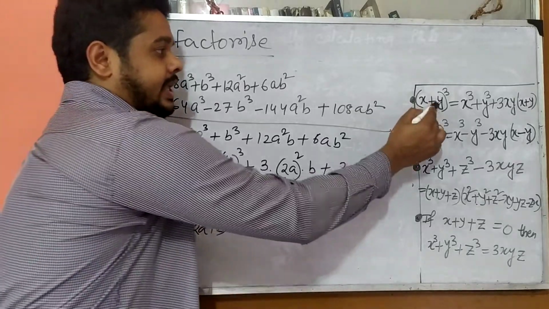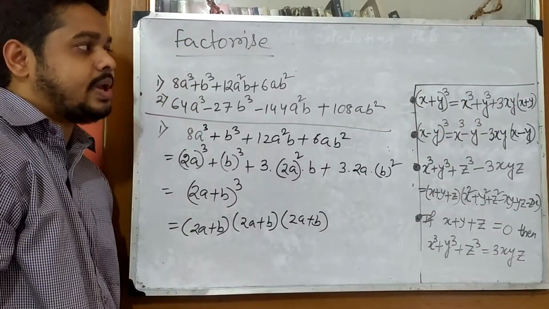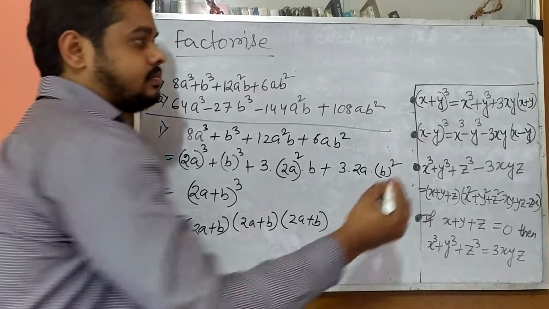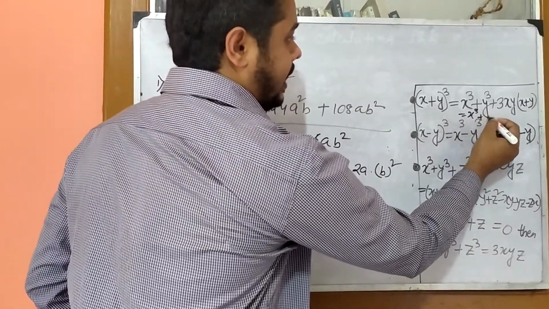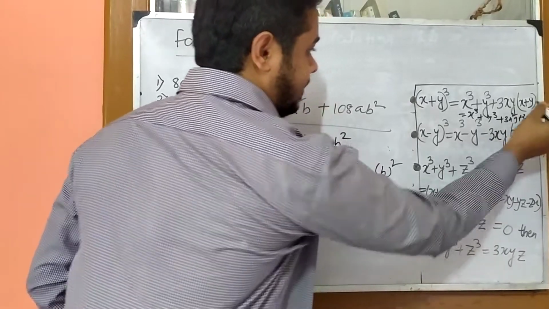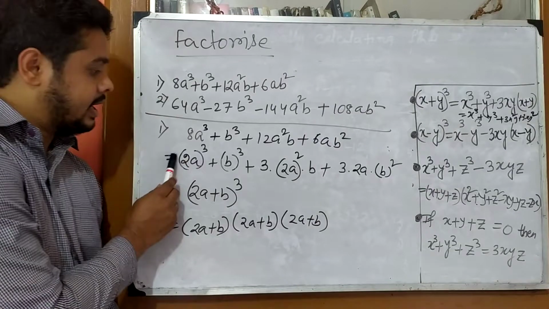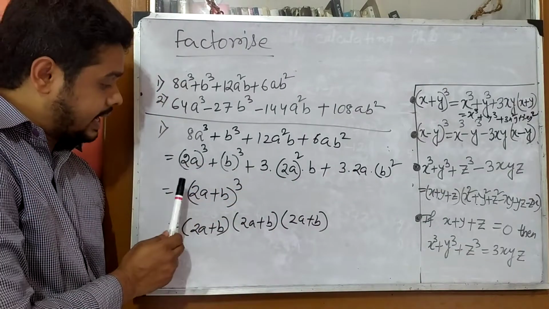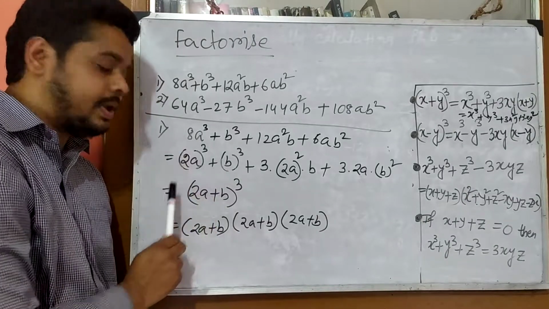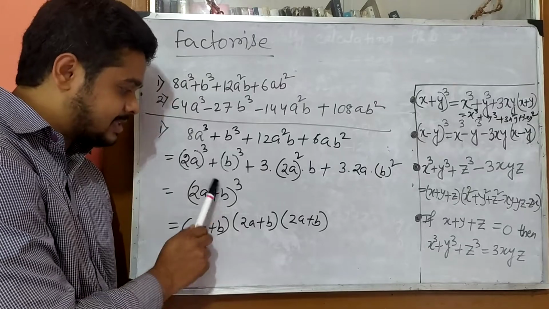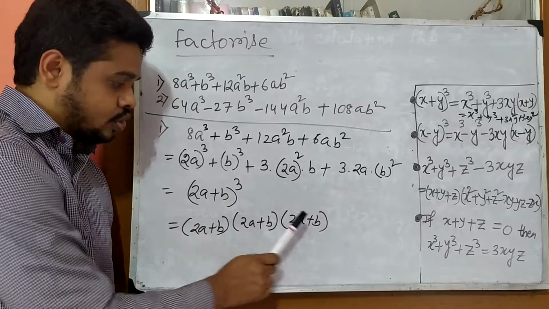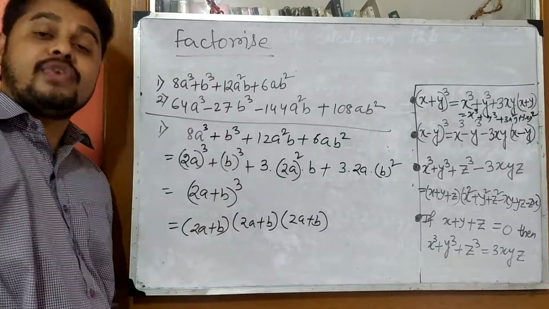Using that identity, x cube plus y cube plus 3xy into (x plus y), or you can say x cube plus y cube plus another form, 3x square y plus 3x y square after multiplication. That is the formula of (x plus y) whole cube. That means 2a is our x and b is our y, so (2a plus b) whole cube. Now as we have to factorize, we have to write it 3 times. That is the factorization of the first problem.